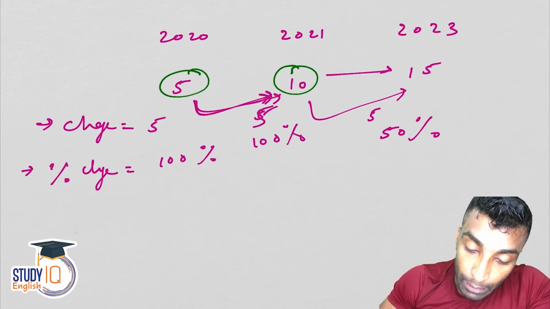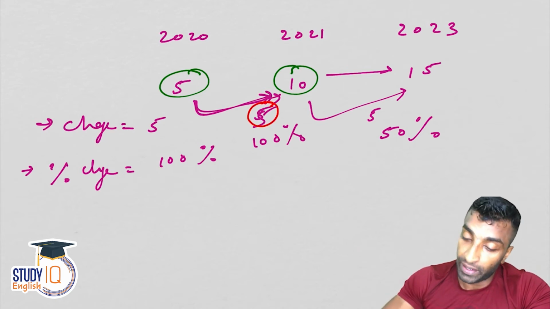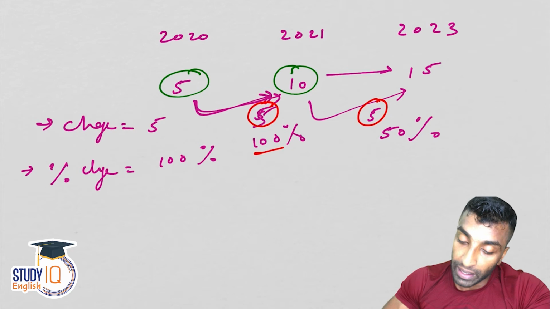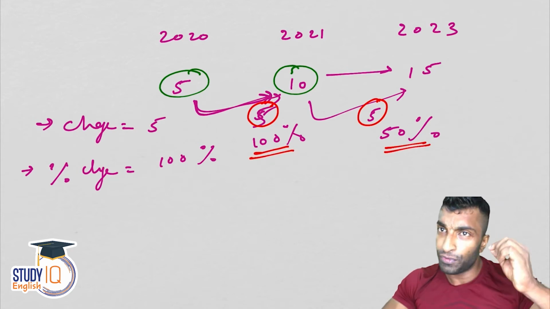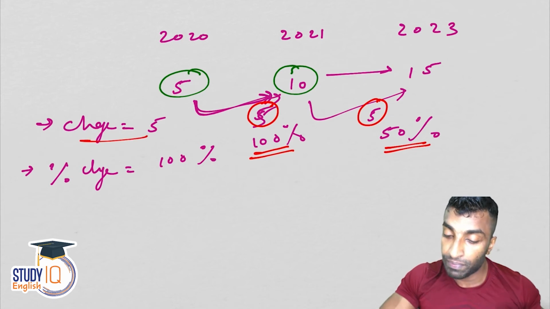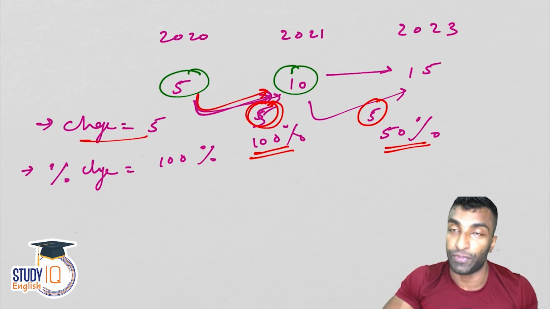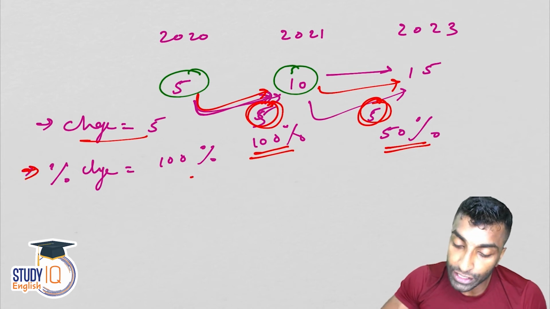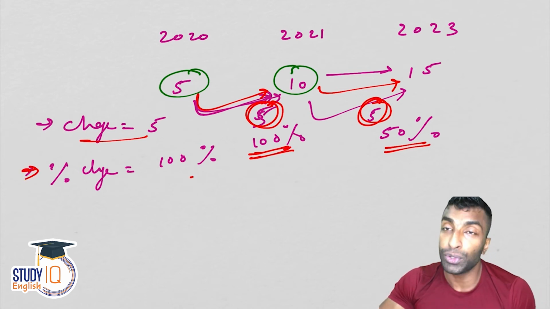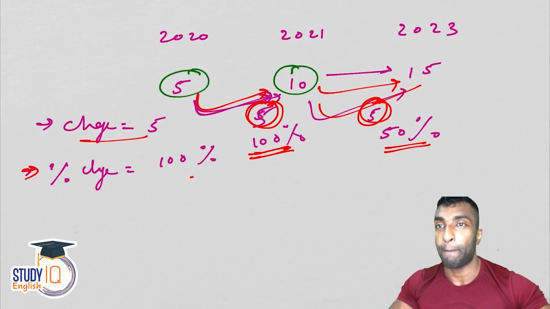In absolute terms, here it is 5 and here also 5, but the percentage change here is 100 and here it is 50. So in the first case, between these it is 5, and between these it is again 5. Percentage change between the first two is 100, between the second two it is 50.